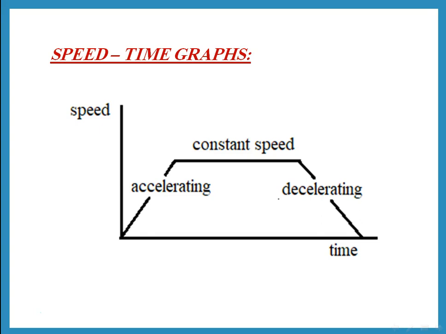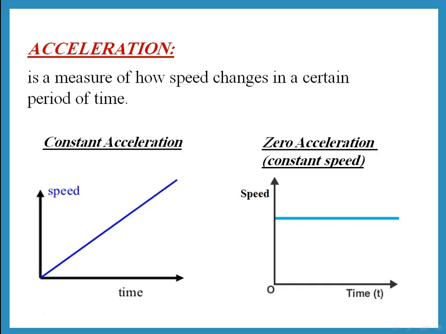Now, if the line is going down, that means the speed is decreasing, and that means the object is decelerating. So, acceleration is a measure of how the speed changes. If we have an increase in speed, that is called acceleration. A decrease in speed is called deceleration. If I have a speed time graph and it is a straight line, that means it is constant acceleration.